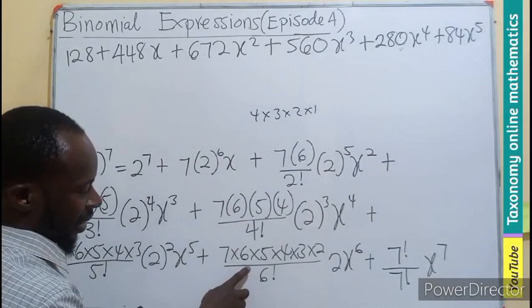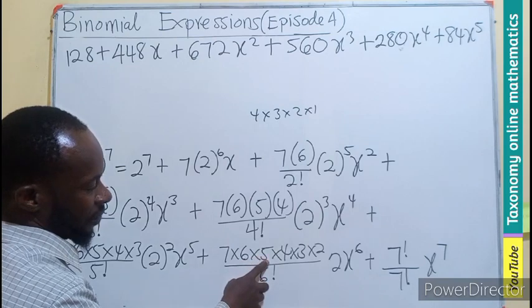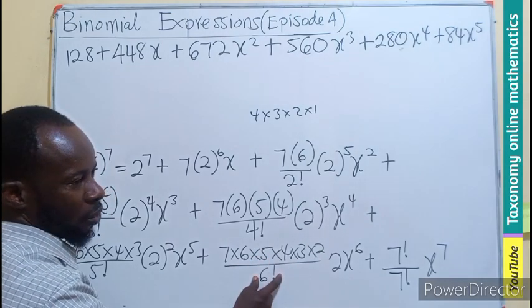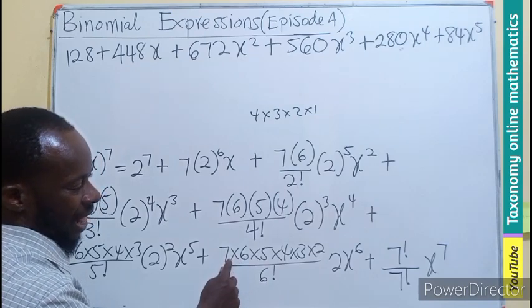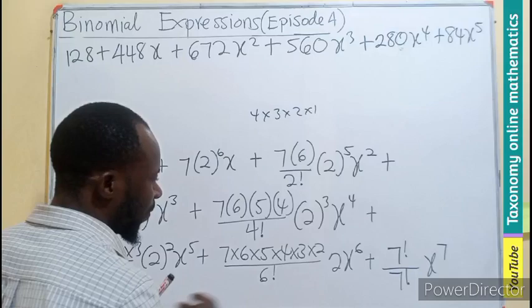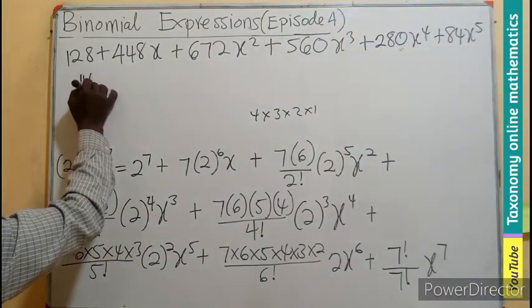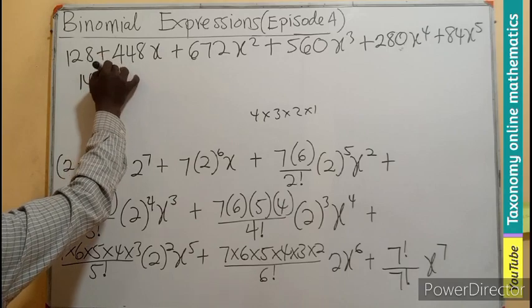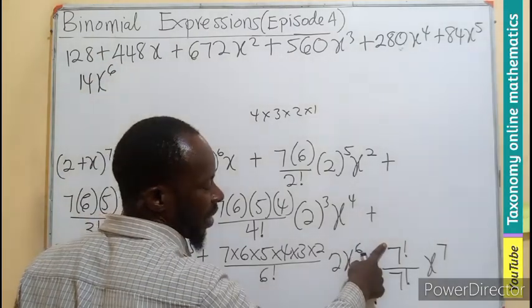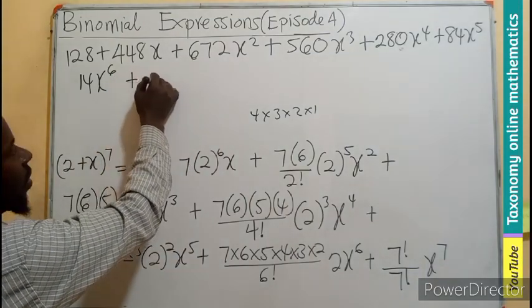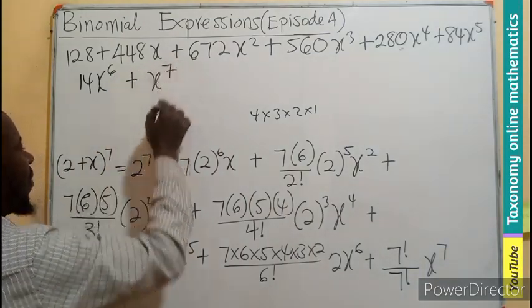This is going to be 6 times 5, so all of them is the same as the factorial of 6. So 7 is left. 7 times 2, I believe, will give us 14. So you have 14 x exponent of 6. Good. Factorial 7 divided by factorial 7 will give you 1. So plus x exponent 7.